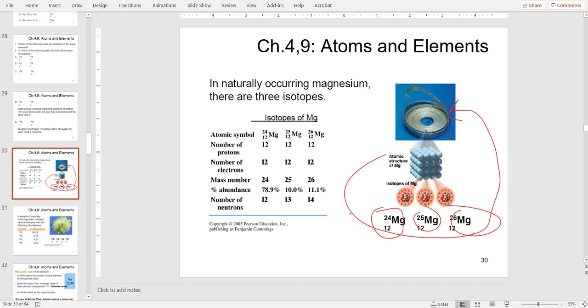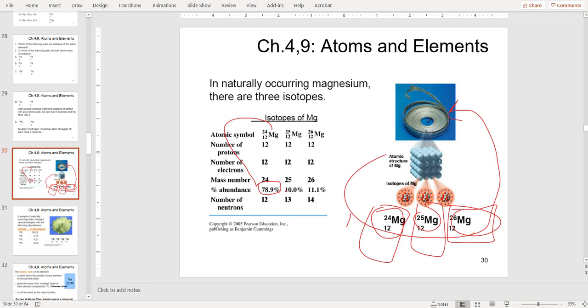And scientists have gotten really clever, and they figured out the abundance of each individual type of isotope present in the pure substance magnesium found on Earth. So they found, and we're not going to get into the research of how they figured that out, for example, magnesium-24 is a pretty popular isotope with 78.9% of all magnesium on Earth being magnesium-24.